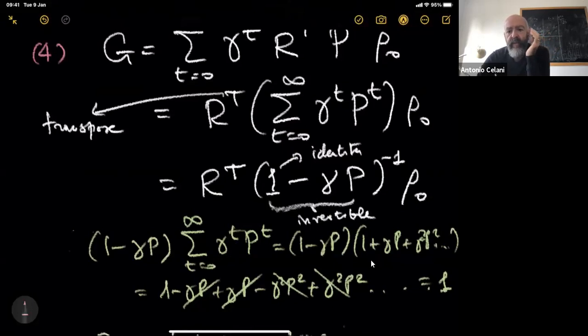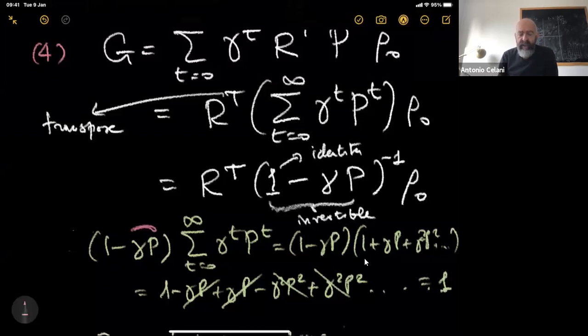With real numbers, the condition that you have to satisfy is that the quantity you're considering should be a real number less than 1. Otherwise, this object does not converge, because in order to do all this simplification, everything must make sense from the mathematical viewpoint. So these objects should converge.